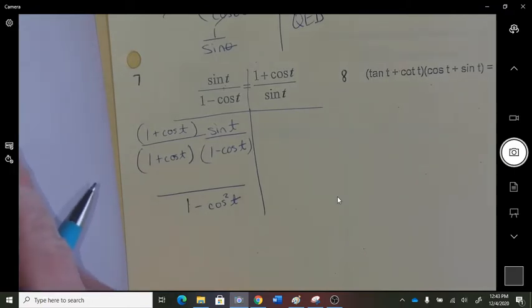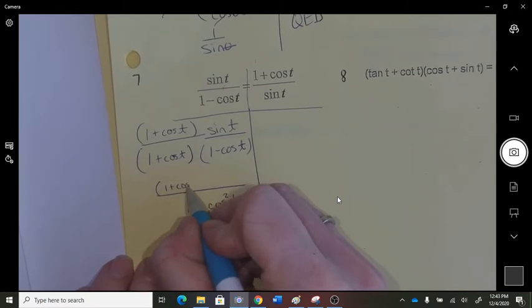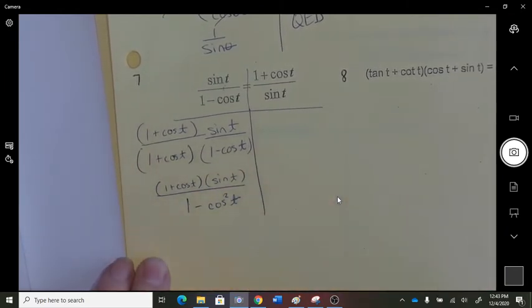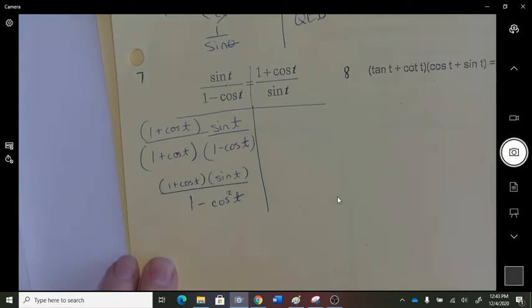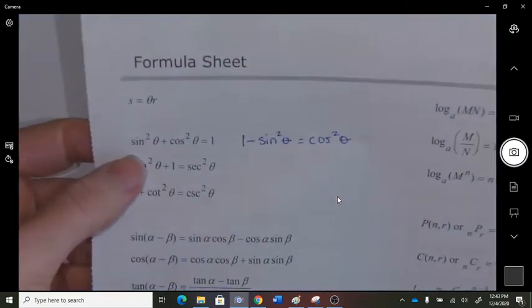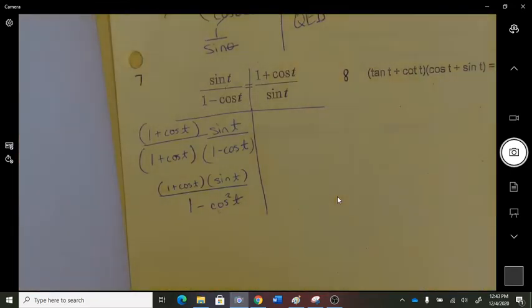Okay, I'm just going to leave the top as is because I don't see anywhere that I'd go with distributing those. Looking ahead, this is why I thought to leave it, because I'm going to be using this: 1 minus cos squared would be sine squared.